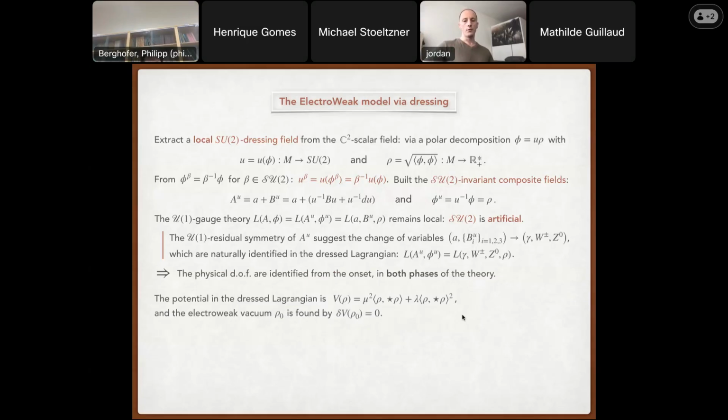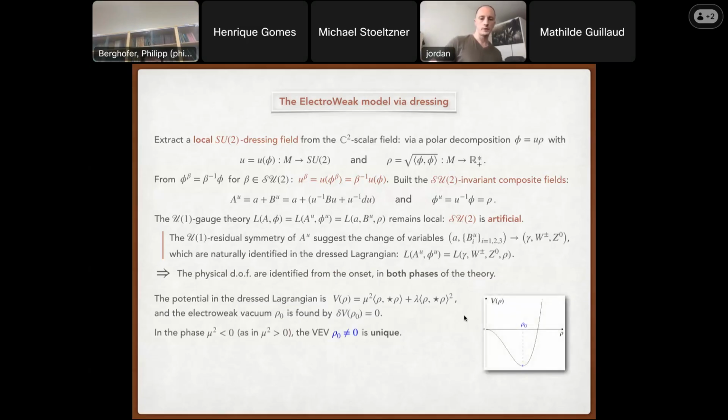But now in both phases, the vacuum is unique, right? It was unique in the phase where the mu squared is positive, the so-called unbroken phase. But now in the so-called broken phase, where mu squared is negative, you still have a unique vacuum, right? Because the potential is just something like that.